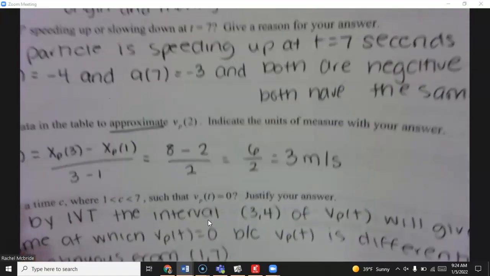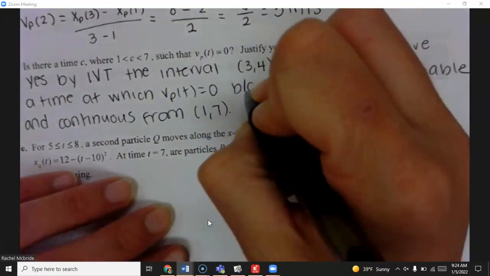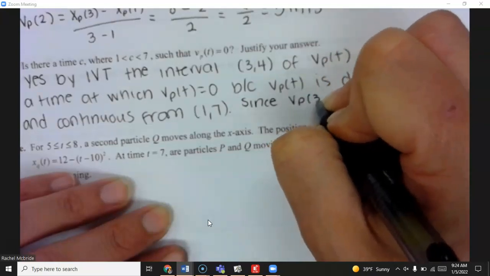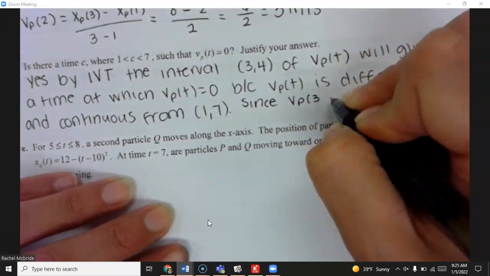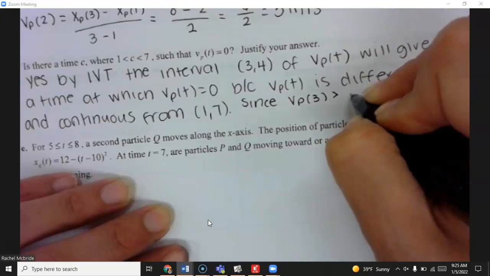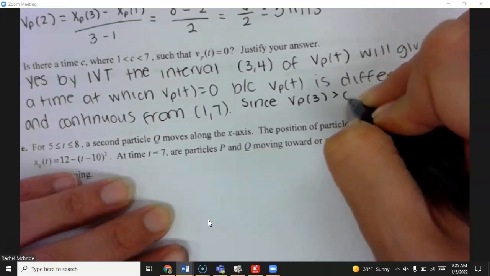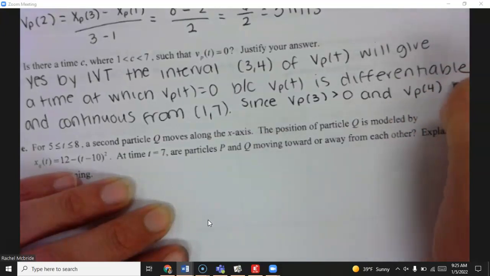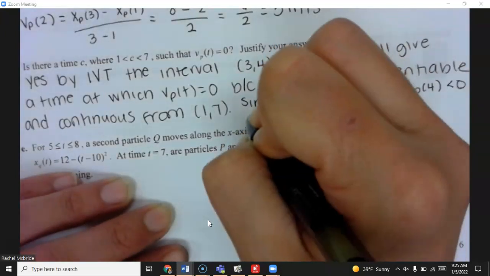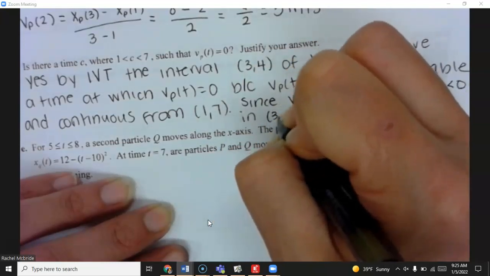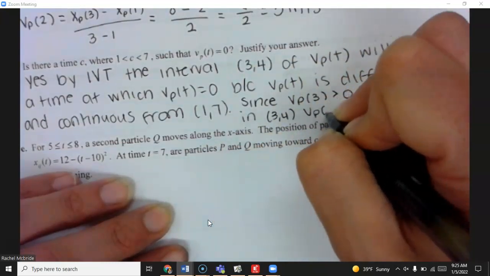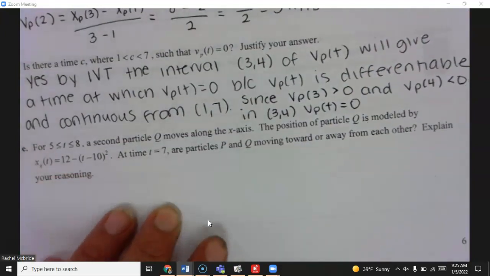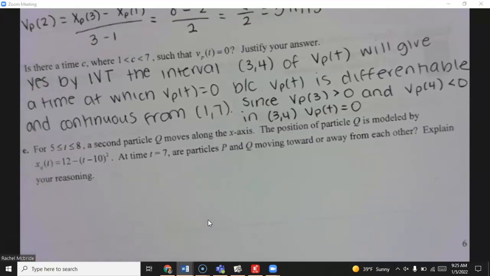So I would say, since V of 3 is greater than 0 and V of 4 is less than 0, in 3 to 4, V of P will equal 0. I put 0 is guaranteed to occur in that domain. That's fine.